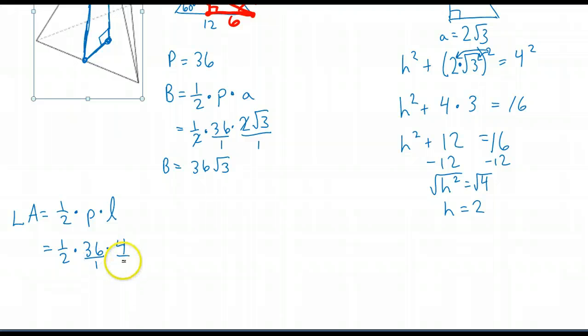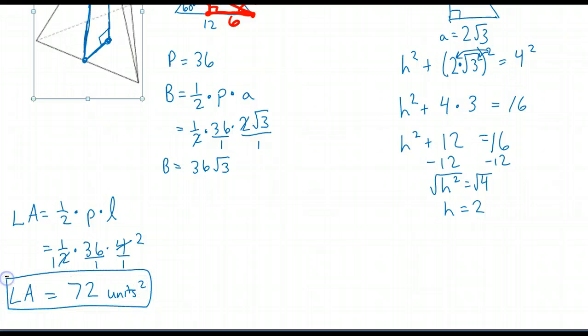I can do this math in my head. 2 in the denominator, 4 in the numerator becomes 2 in the numerator and 1 in the denominator. So I really have 36 times 2 over 1. So my lateral area is just 72 units squared. My surface area is going to be my lateral area and a bottom and 1 base area.